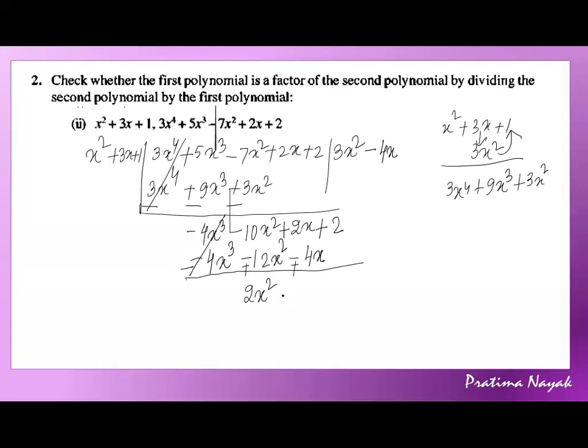This will be plus 6x plus 2. So now I need a 2 only. See, I need only 2. So plus 2. So it will be 2x square, 2 into 3x, 6x plus 2. So minus, minus, minus, we are getting a 0.